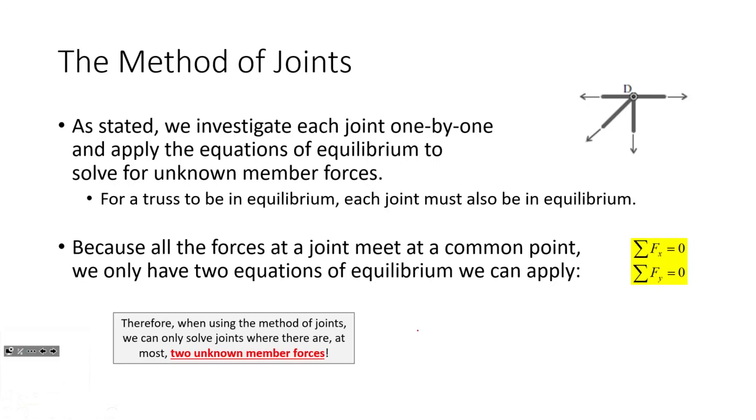Let me show you a weird truss. Let's say there's a truss like this, and the truss has four joints on the corners.